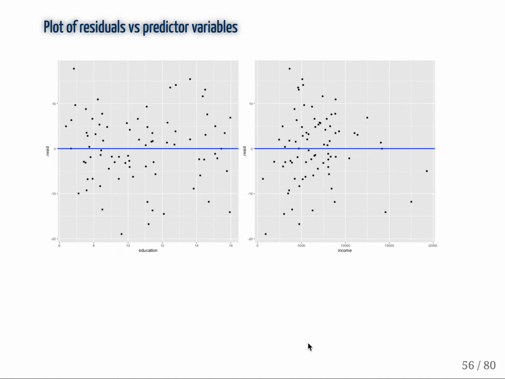It is important to plot the residuals versus every available variable to ensure that a candidate model is the best model possible. The plot of residuals versus education doesn't show a systematic pattern, but the plot of residuals versus income shows a systematic pattern like this.